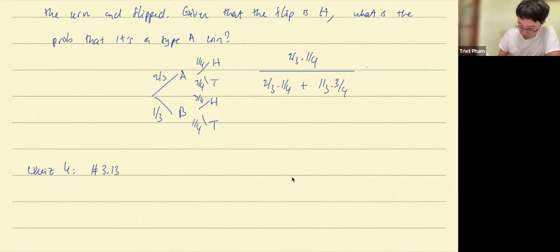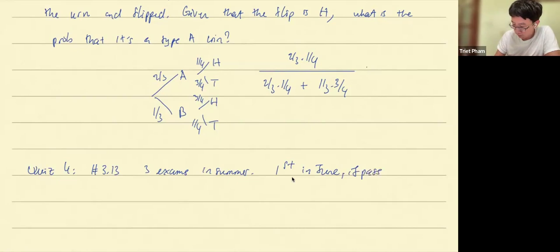Someone is trying to take 3 exams in the summer. First exam in June. If passed, then second in July. And if passed, then third in August. Oh, sorry, in September. Doesn't matter.